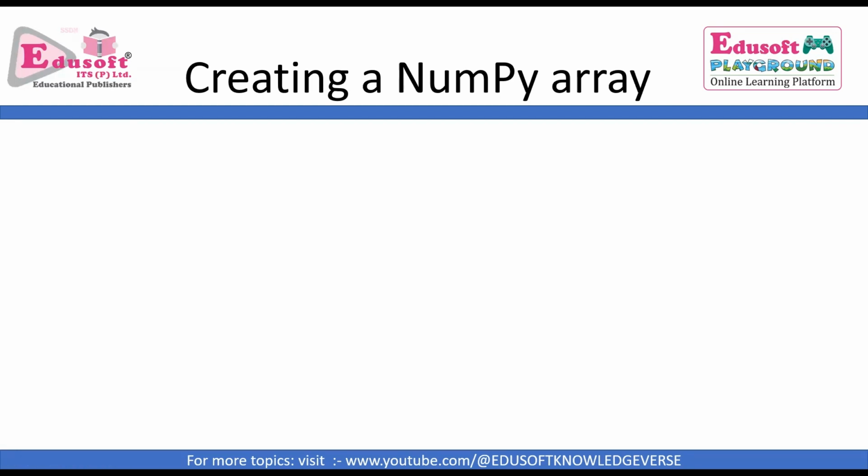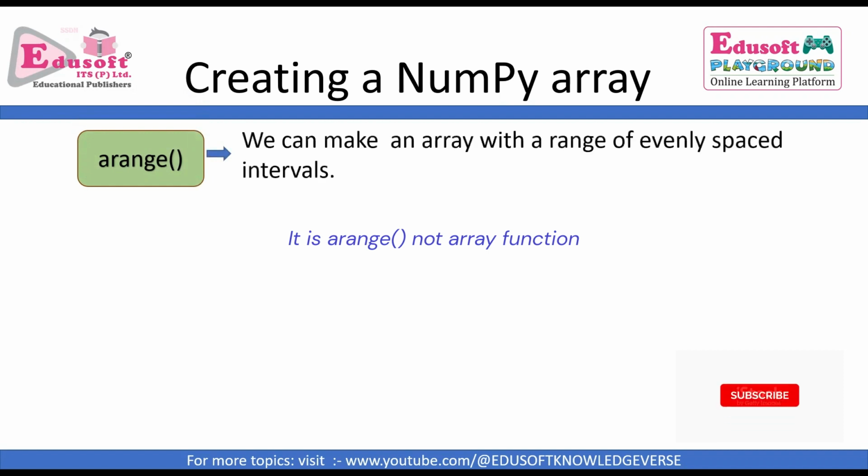Our next function is the arange function. What if I want to create an array in a given range with every element having the same interval between them? So what function do we have to use? We have to use the arange function. We make an array with a range of evenly spaced intervals. इसका मतलब क्या हुआ?